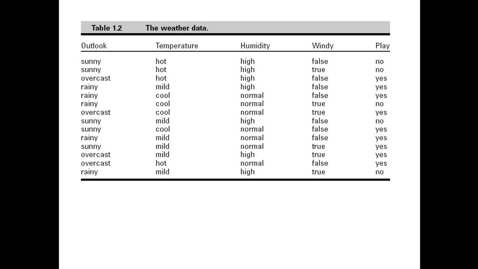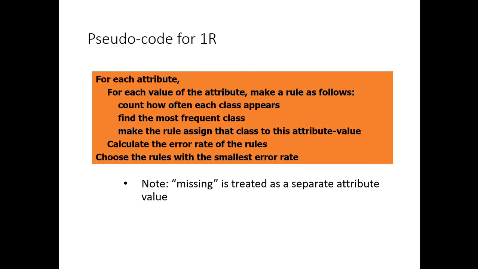Most frequent? No. So that means when outlook is sunny, most probably you are not going to play the game. Similarly, you do this for the others as well. Right? You find the most frequent class, make the rule assigning that class to the attribute value, and calculate the error rate for the rules. So for all the attributes, we do the same thing and we calculate the error rate. And finally, we are going to choose the rule set with the smallest error rate. Okay? Right.